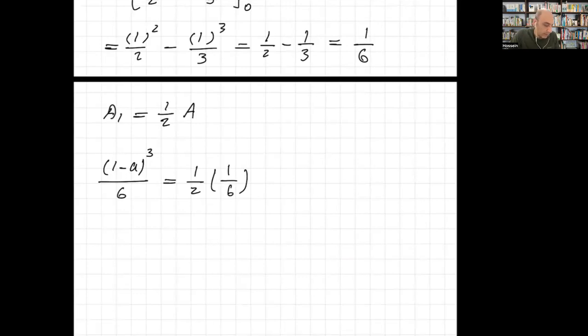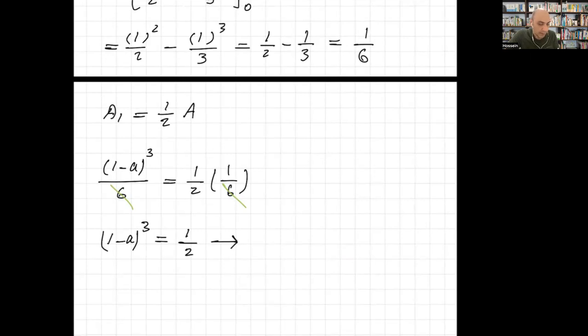And then this 6 in the denominator on the left-hand side is canceled with the 6 in the denominator on the right-hand side. So what I have here is 1 minus a cubed is equal to 1/2.